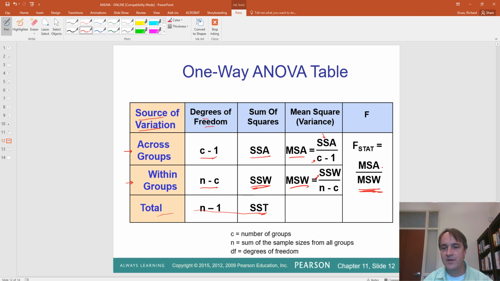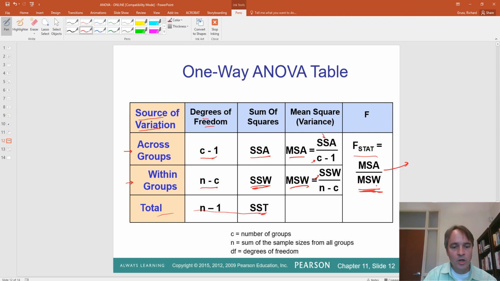Across group variance versus within group variance. So this is basically the ratio of the across group variance versus within group variance, and it's going to follow an F distribution.